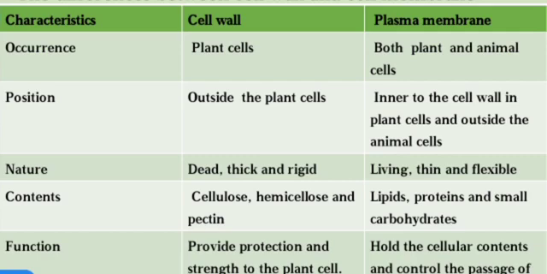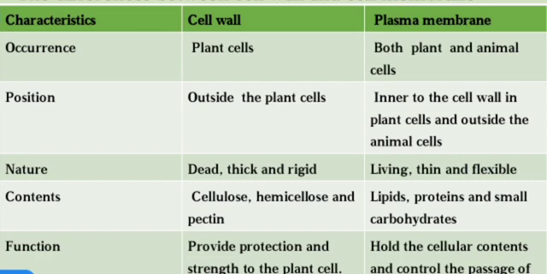Then coming to the position or location, the cell wall is present outside the plant cells. That means outer to the plasma membrane. It surrounds the plasma membrane. Then the plasma membrane is present inner to the cell wall in the plant cell, and outside the cell in the animal cells.